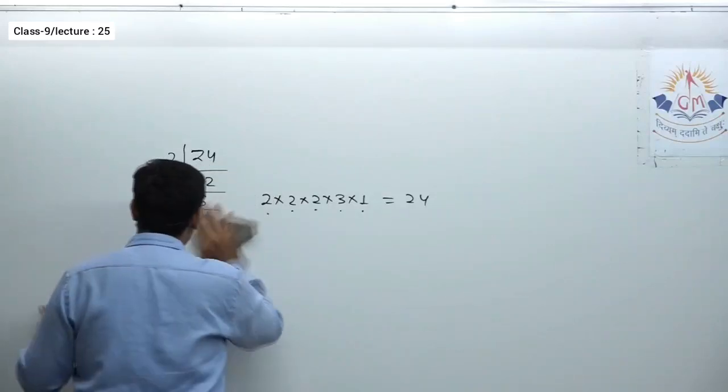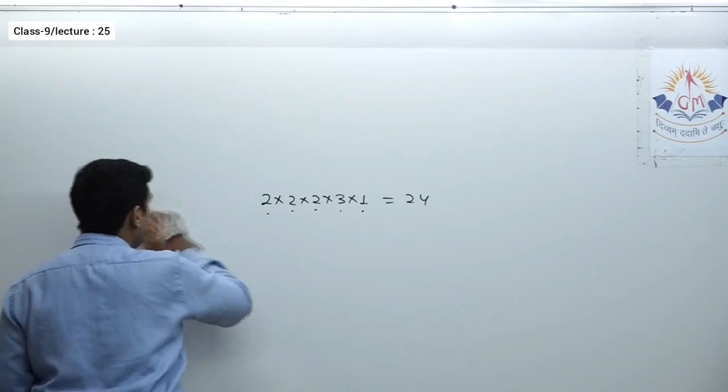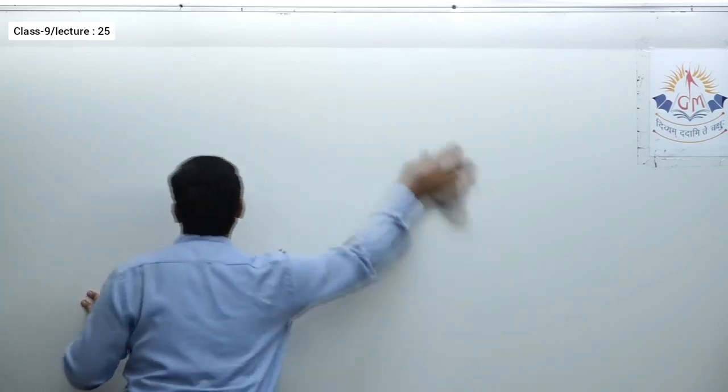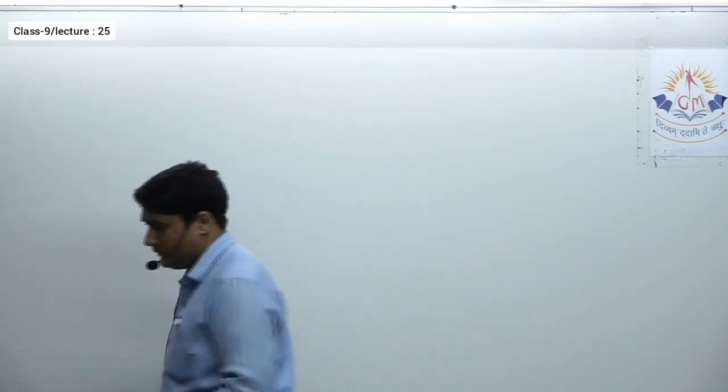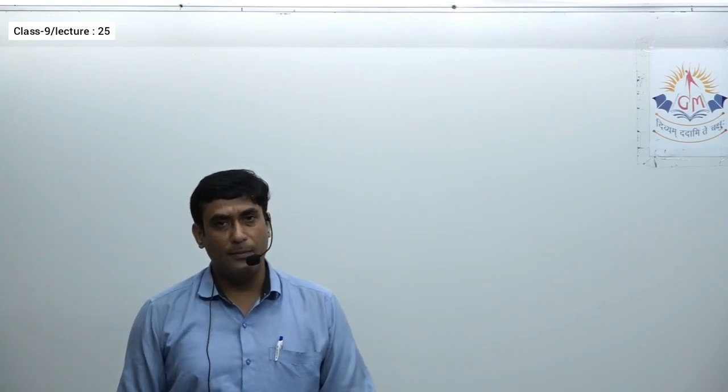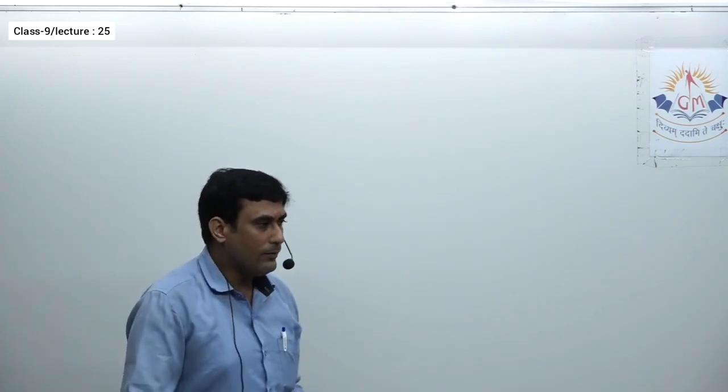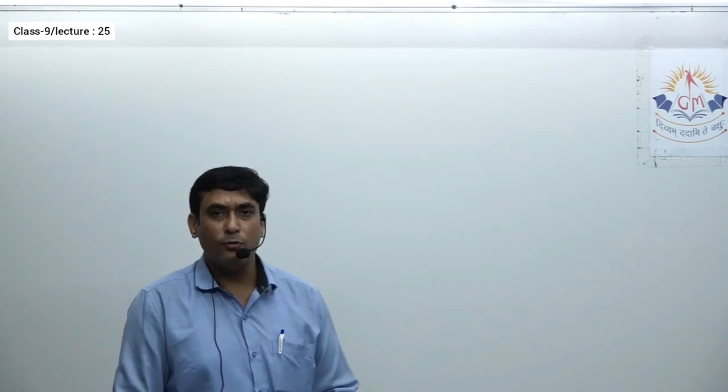Now in a similar way we have to find the factors of the algebraic expression. There are some specific ways or methods to find the factors of an algebraic expression. The very common, general way is to take out something common.